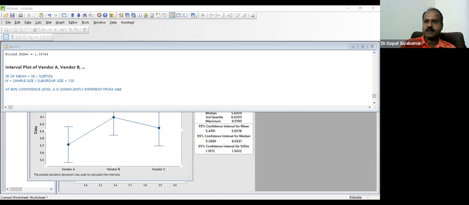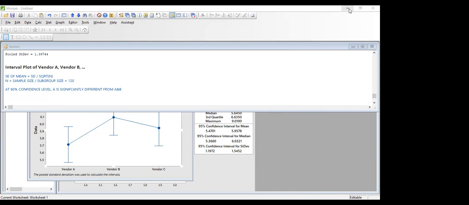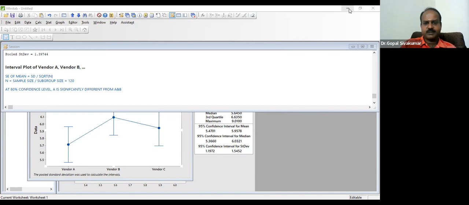The file is available, so I will only show the file. Let me share the Minitab. I'm sharing the Minitab. Before that, the turnaround time for laboratory, I'm just copying it.